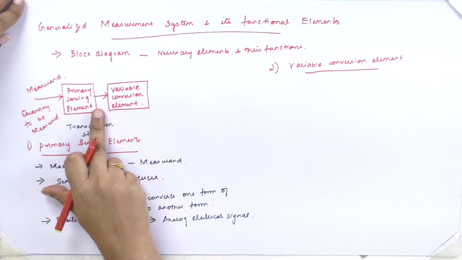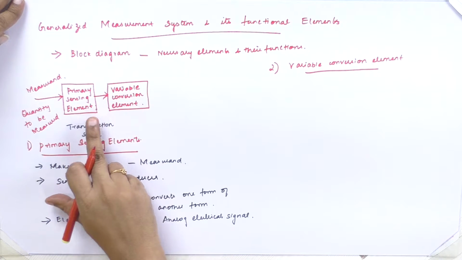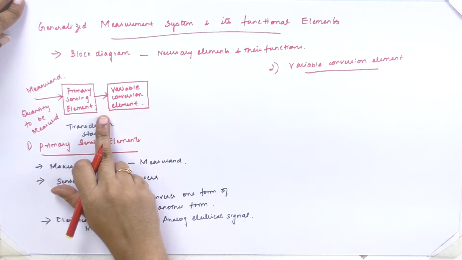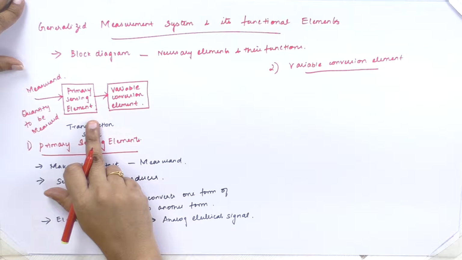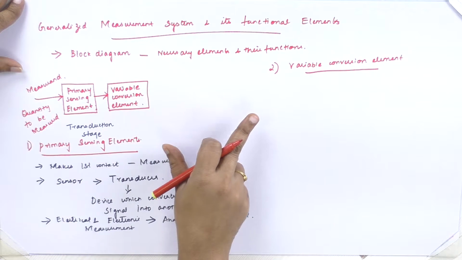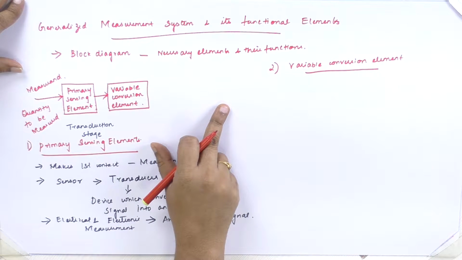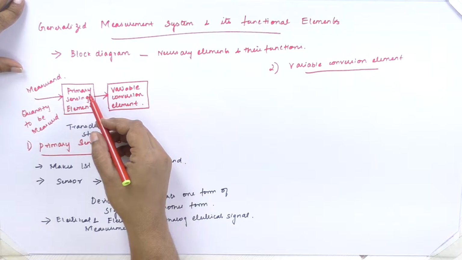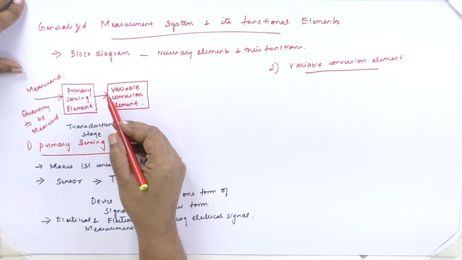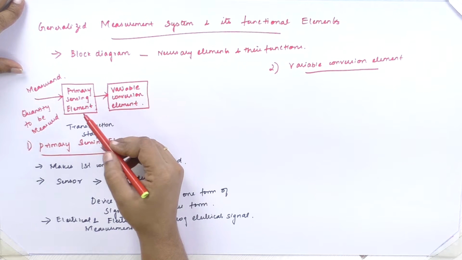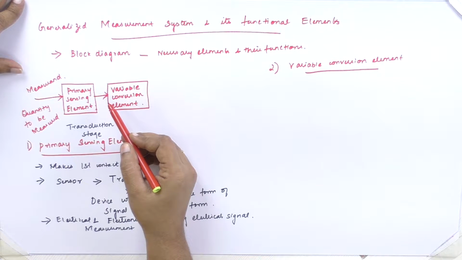The output of the primary sensing element may be an analog electrical quantity, or it may be a quantity of any other form. For example, if the measurement system is a digital instrument, we have to present the output in the form of a digital signal. The output of the primary sensing element may be an analog signal.